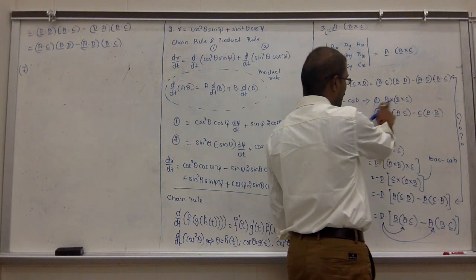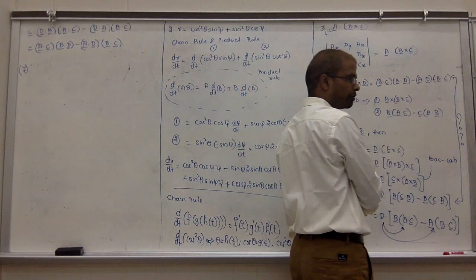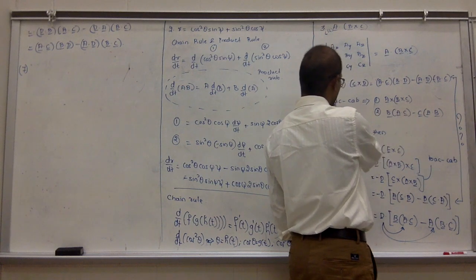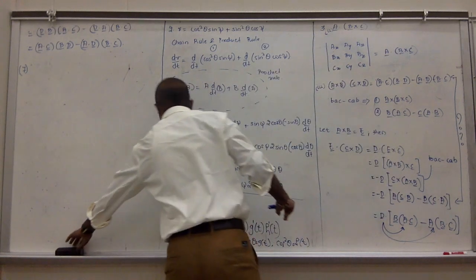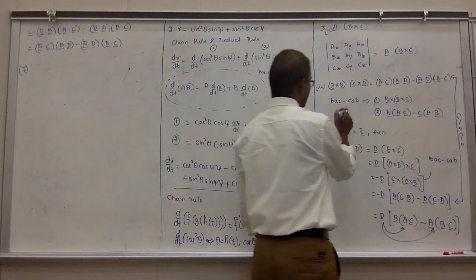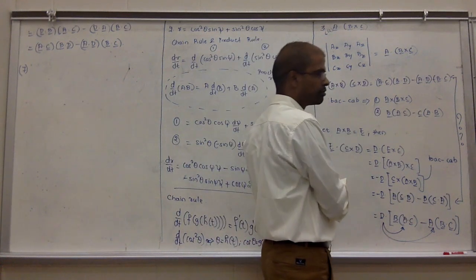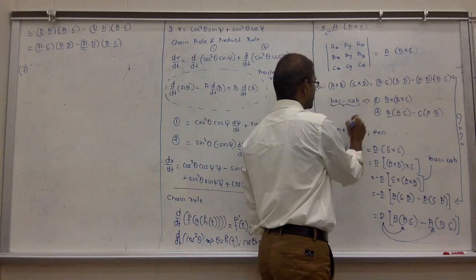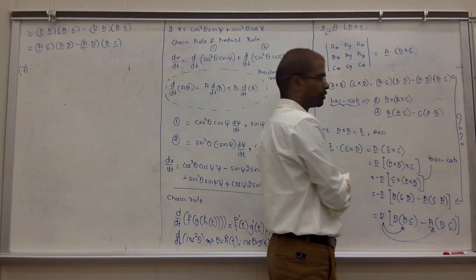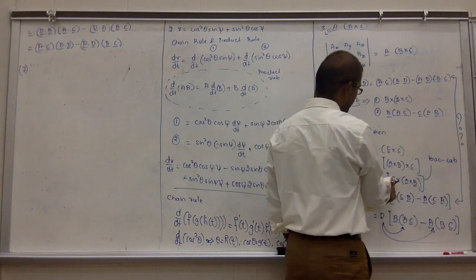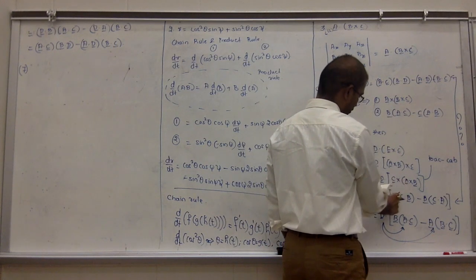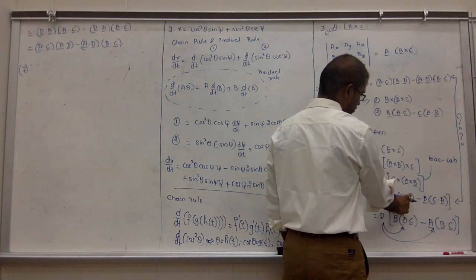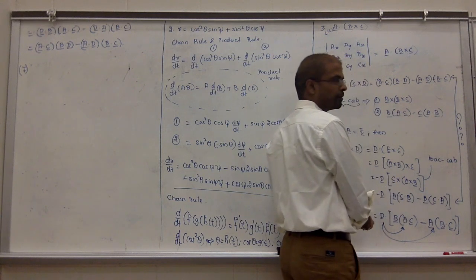It applies for A cross B cross C. If it is A cross B cross C, it is back minus cap. This doesn't mean anything, it's just a nice way of remembering back minus cap. So what is A here? A is C, right? What is B? B is A. A is C. C is B. So back minus cap.